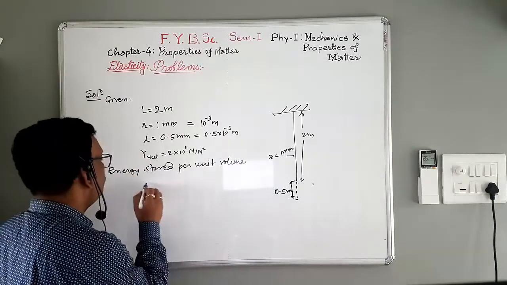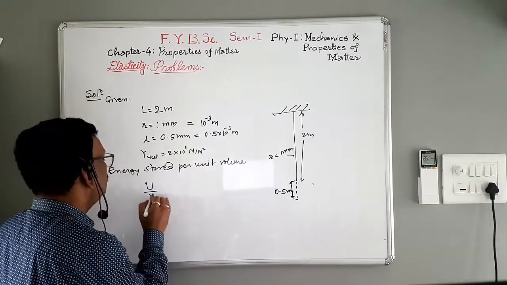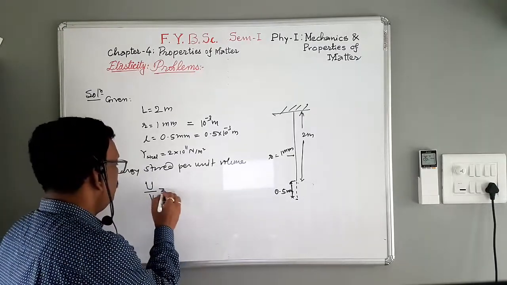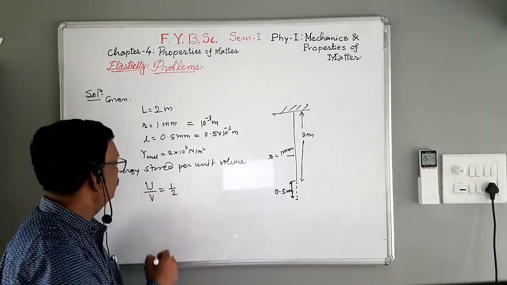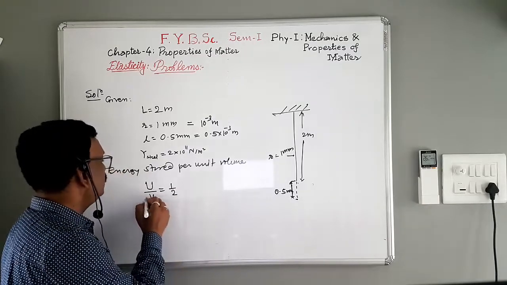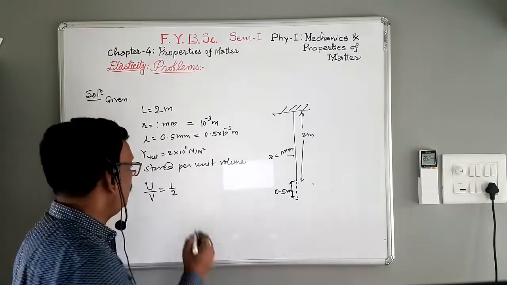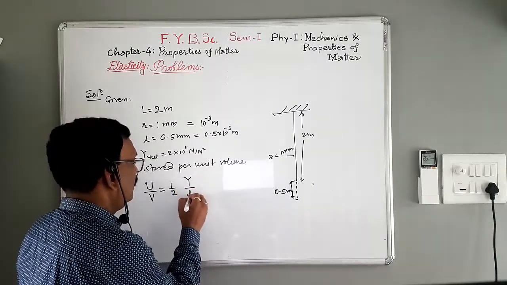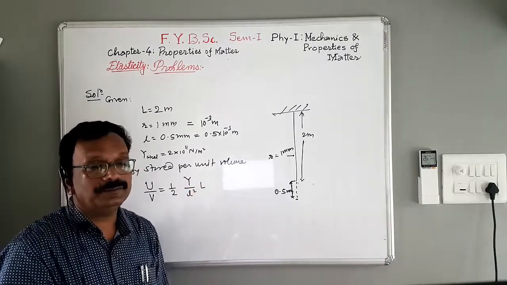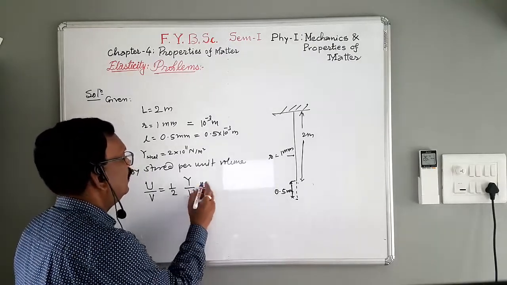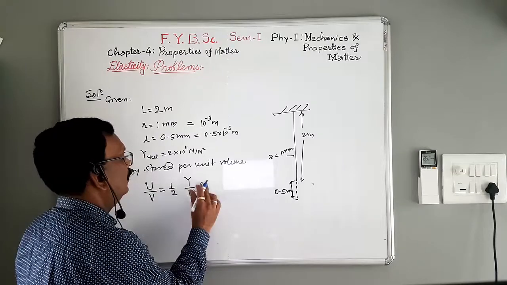For this purpose the formula is very simple. This is also studied by us in theoretical aspects: U by V is equal to 1/2 Y into l square upon L square. U is the energy and V is the volume. So, energy per unit volume is 1/2 Y into (l/L) square. This is l, length, square and this is L.